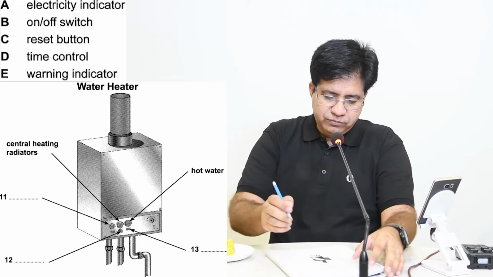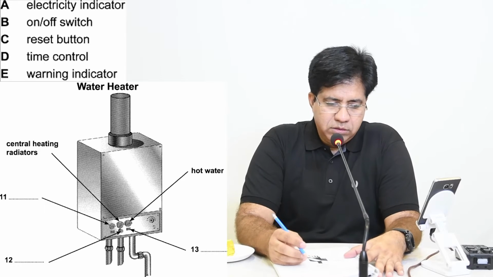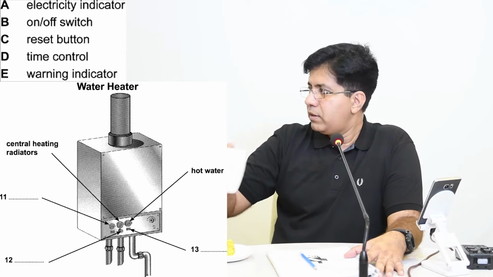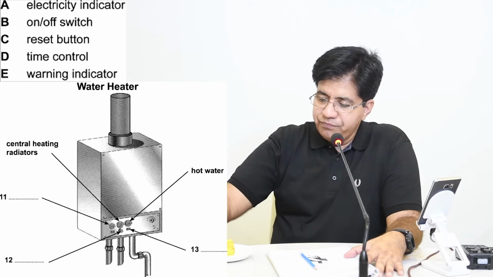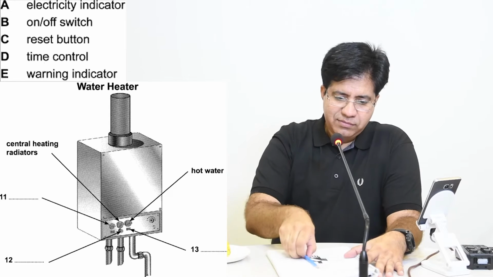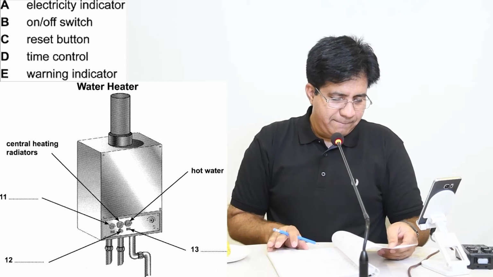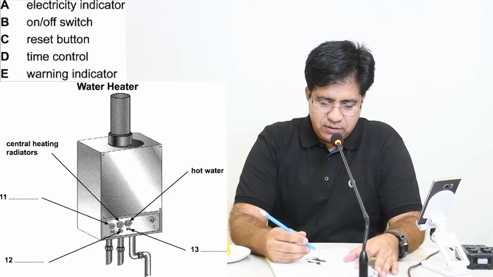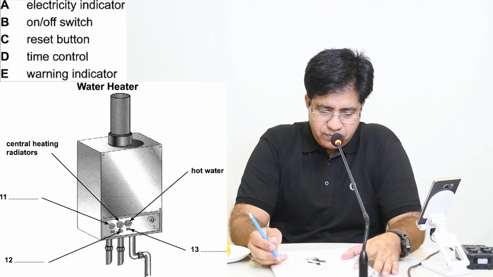Section 2. You will hear a man who owns a holiday home talking on the phone to a woman who is staying there. Hello? Hi, it's Laura Carlton here. We've just arrived at the holiday flat, but I can't get the hot water and heating to work. Oh, right. That's easy. Don't worry. In the upstairs cupboard, you'll find the water heater. You'll see 3 main controls on the left at the bottom of the heater.